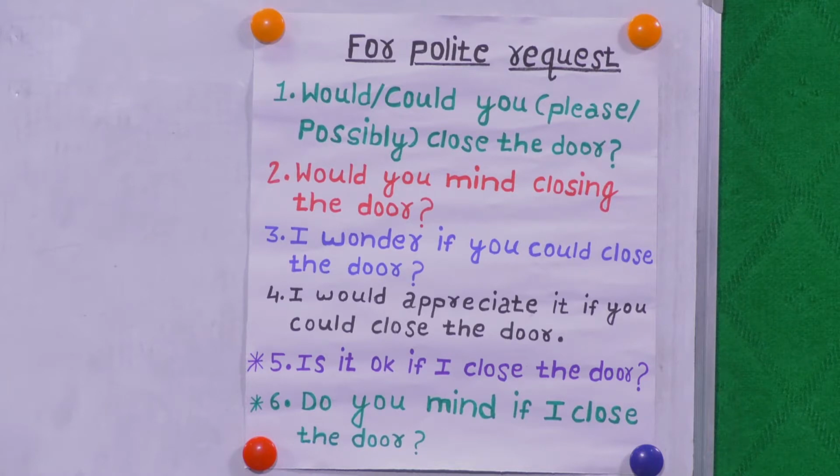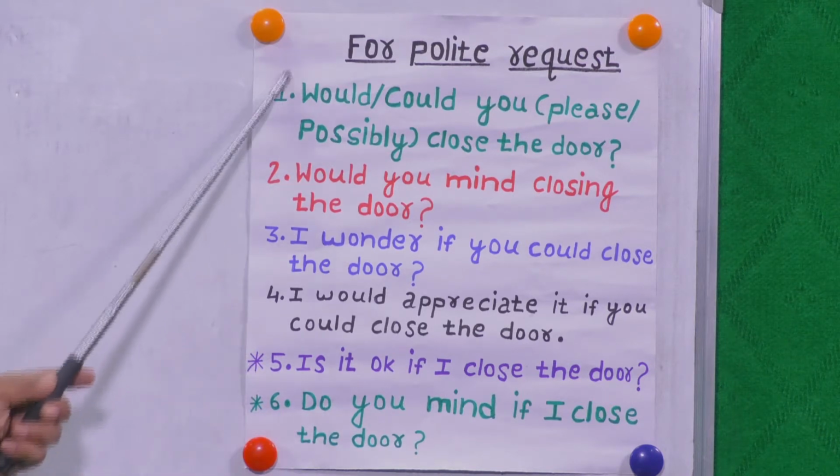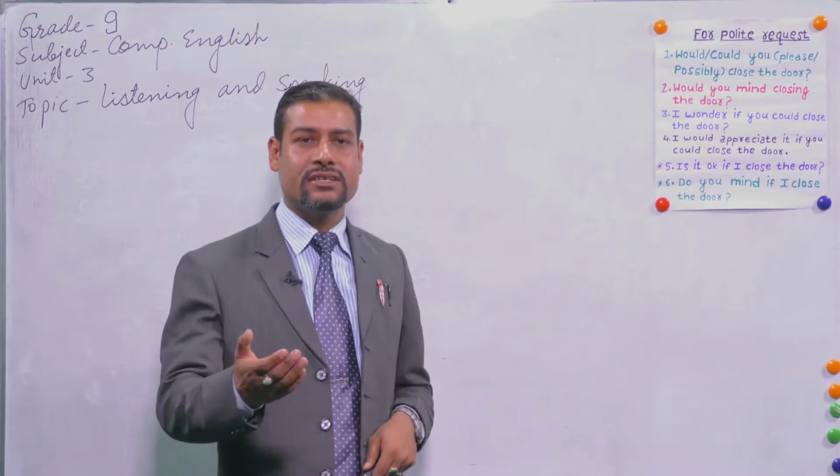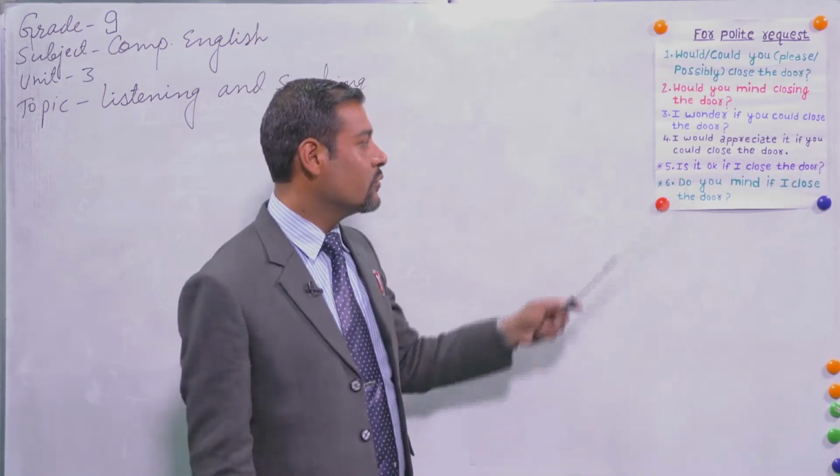That's fine. Now, my dear students, you have noticed there is an asterisk sign, and again there is also an asterisk sign. Do you know? These are the ones we use to make polite requests. Of course, these two are also for making polite requests, but when we want to get permission from others, at that time we use these two.